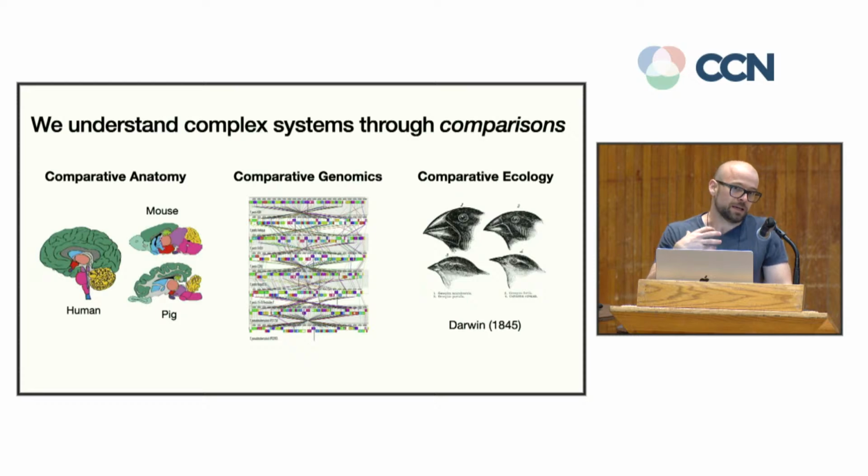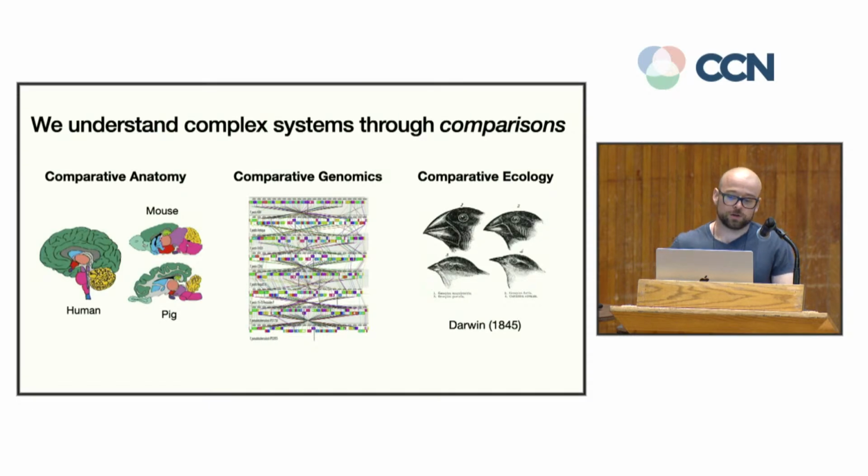It really is fundamental to how we understand how animals operate in naturalistic, complex environments, all the way down to how we understand the function and structure of individual proteins and how point mutations change the phenotypes of animals. So across biology, I think comparisons are very important.